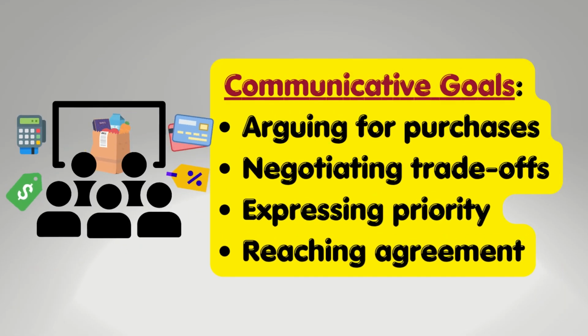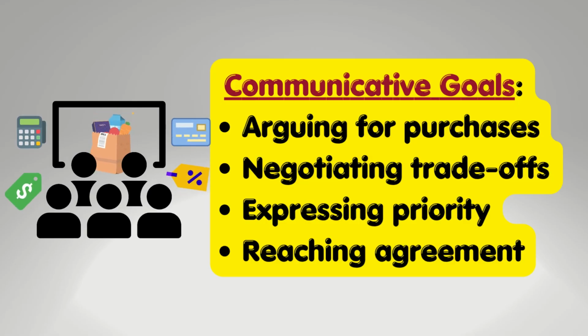The communicative goals here are rich. Arguing for purchases, for example, we need milk, it's essential. Negotiating trade-offs. For example, if we skip the biscuits, we can afford the cheese. Expressing priority and reaching agreement.